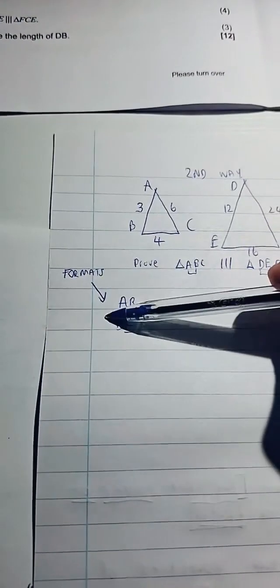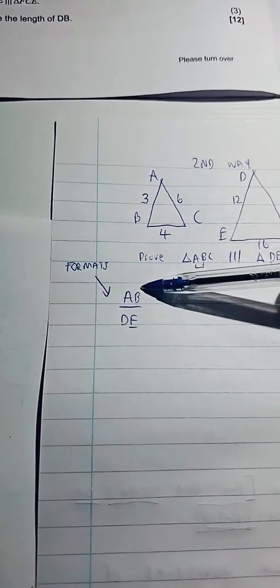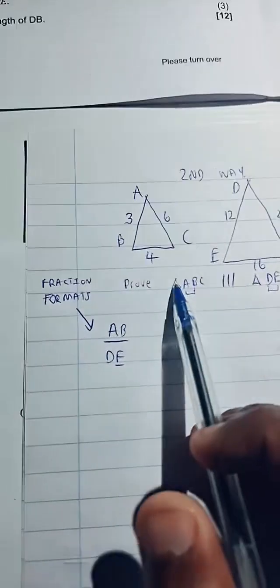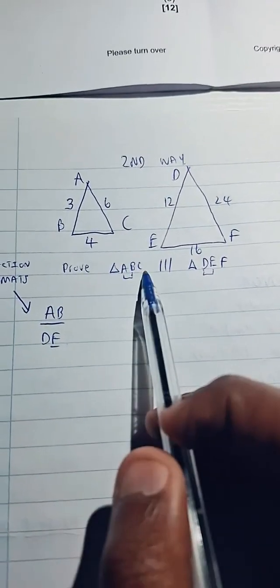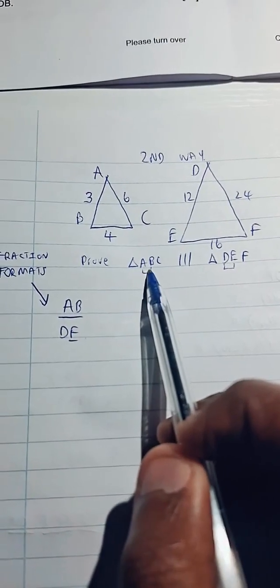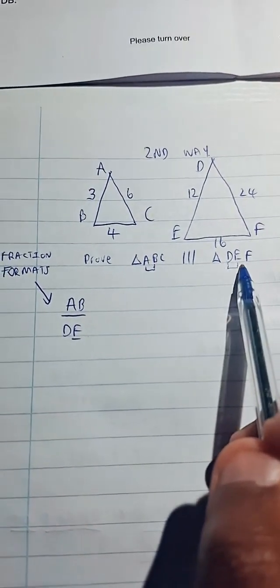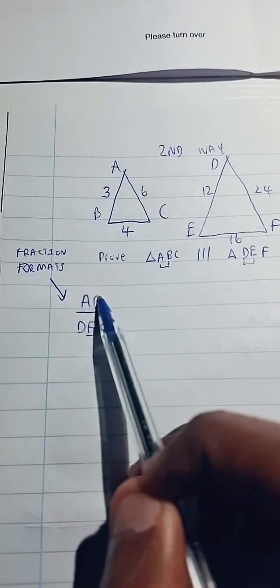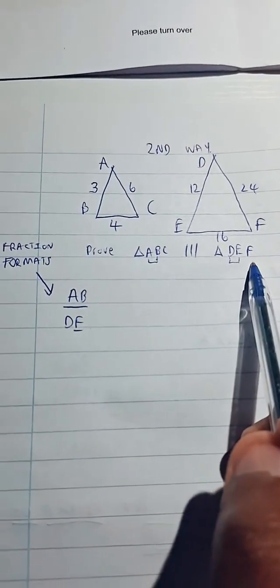So my format for ratio is the fraction format. I'm going to go directly to my statement where they've said I must prove the triangles, and say my first two letters, A, B, and D, E. Let us formulate a ratio using these two sides.